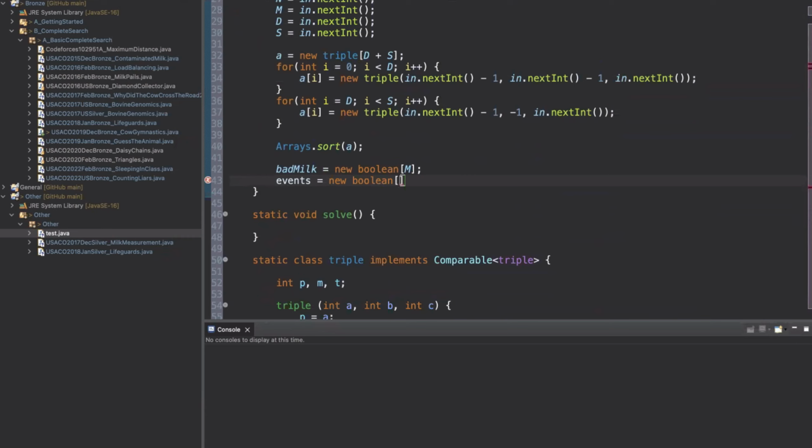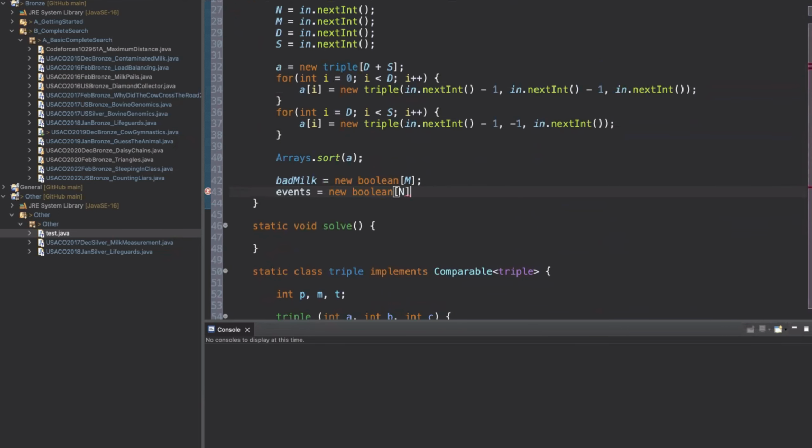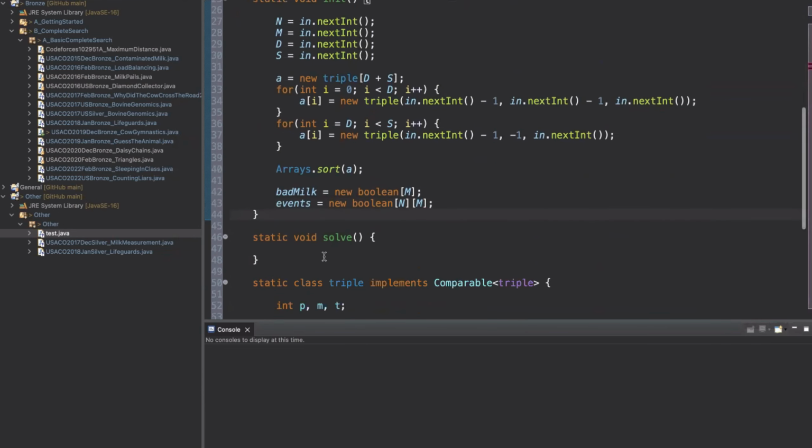So the dimensions for this event is going to be n, which represents the total number of people, and m, which is the total number of milks that can be contaminated. And this is it for initializing.